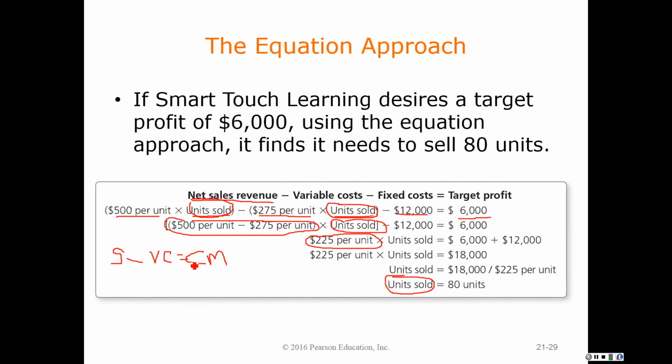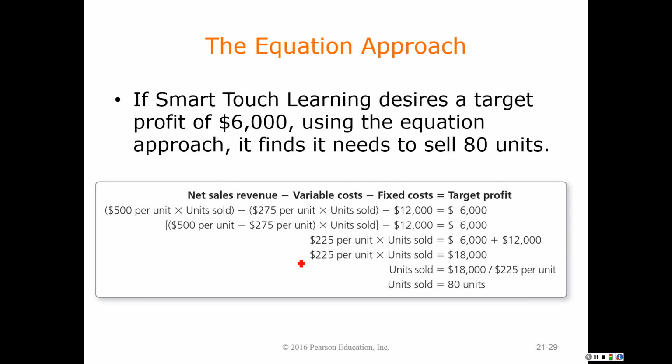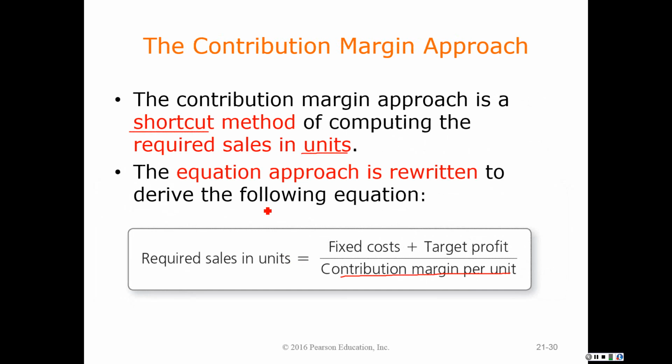I have calculated my contribution margin per unit right here. So go back to this existing slide. I need to sell enough units to cover fixed cost and my target profit.